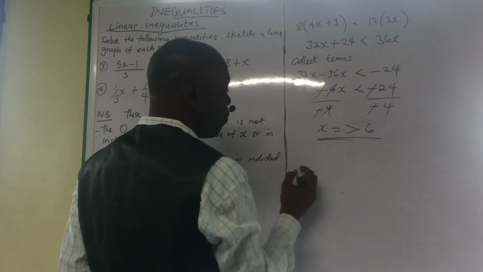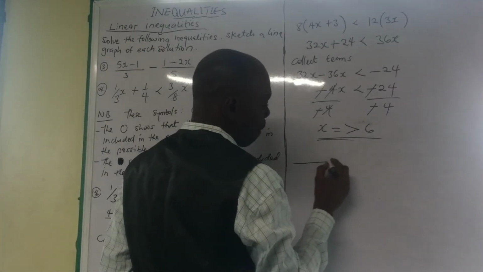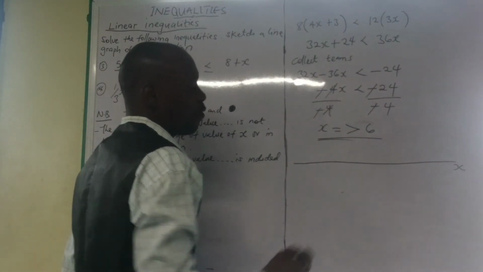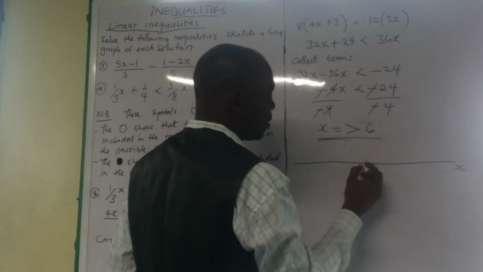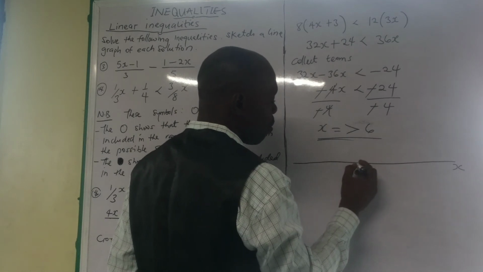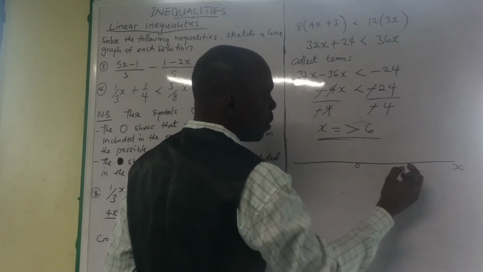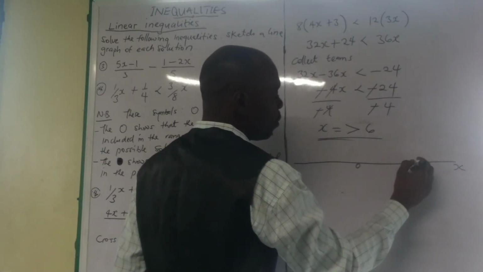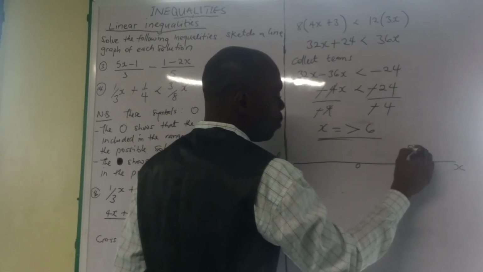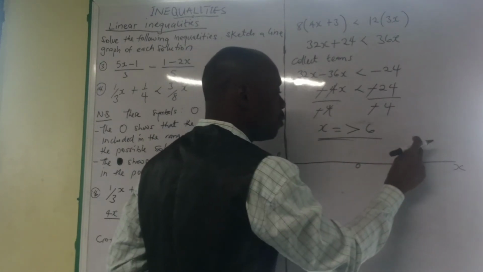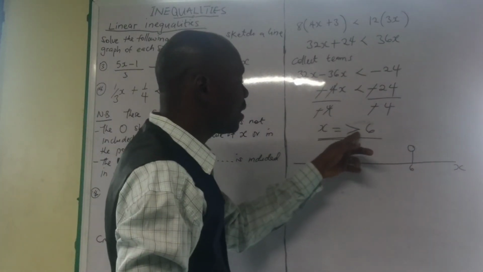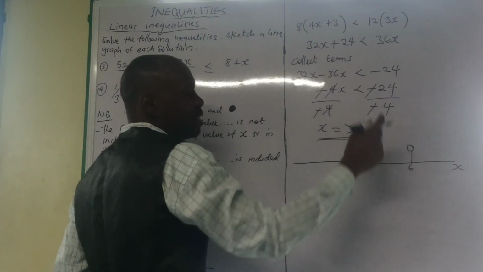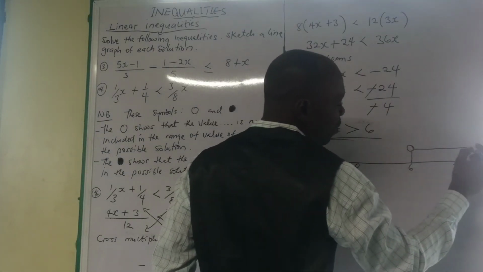So our graph now will look like this. Let's put our x here. So far this one is positive, x is 6. So let's say our 0 here, then our 6 is somewhere here. So you raise it up, just circle. Why is it just an ordinary circle? Because it's not greater than or equal to, it's just greater than. And you see where this arrow faces? So our arrow will face like this.